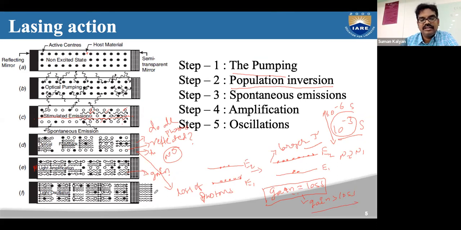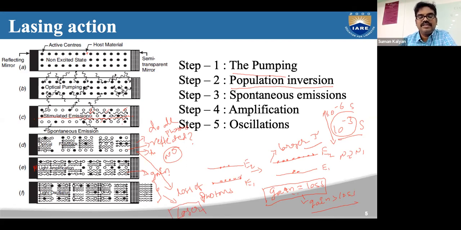When there is more gain than loss, we can see the laser beam coming out of this particular face. We have lost an amount which cannot be controlled, but at the end, when we get gain more than loss, we'll have a laser beam in this direction.